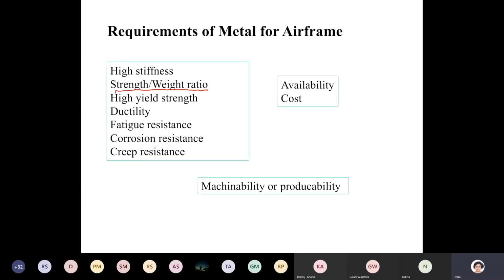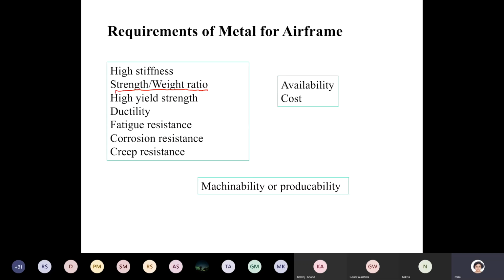Yeah, can you hear me now? Yes, ma'am. Sorry, I don't know why this is happening, but it's automatically muting itself. Okay, fine.